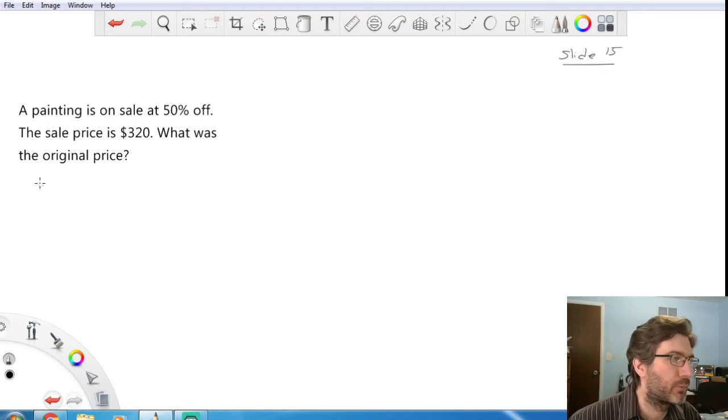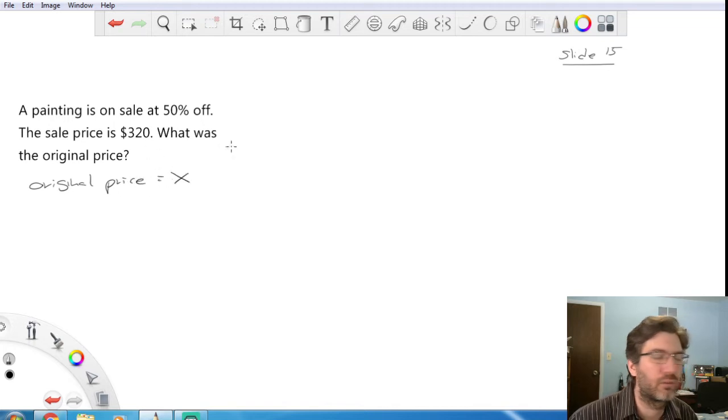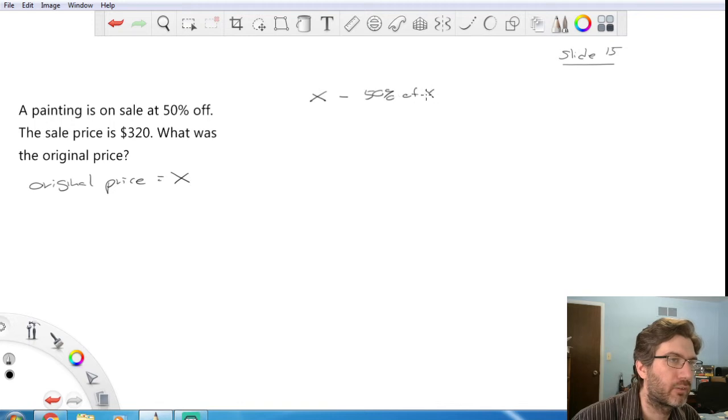We have an original price. I'm going to call that X. So original price is called X. So what we're doing here is our original price, so X minus 50% of x. And again, this is multiplication, is going to equal 320.